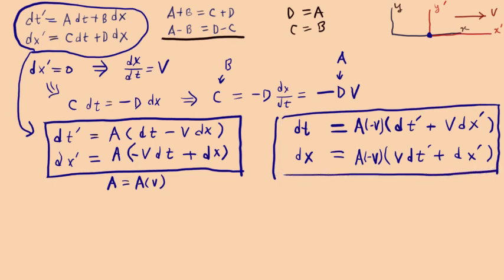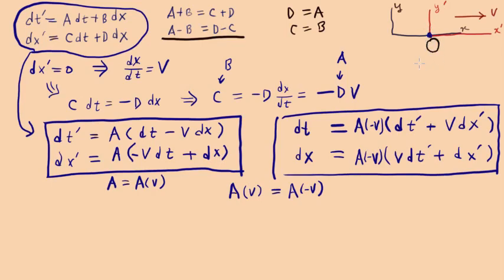Now we will argue that this A in fact has the same value if it's v or if it's negative v. And why is that? Well, it's from the following argument. So what is the physical meaning of A(v) or A(negative v)? So imagine that you have a clock.